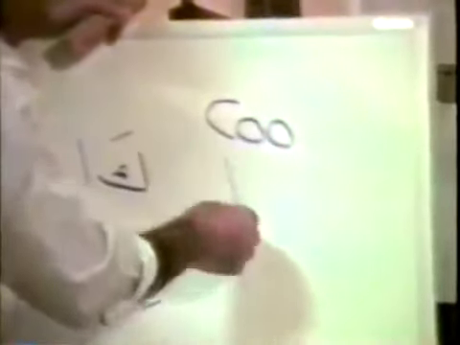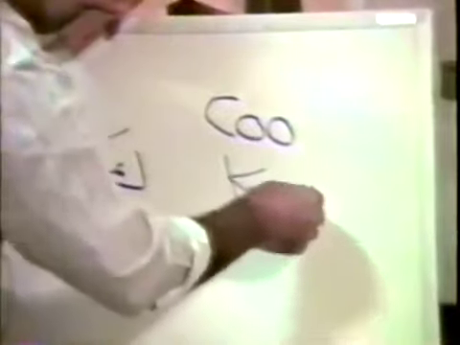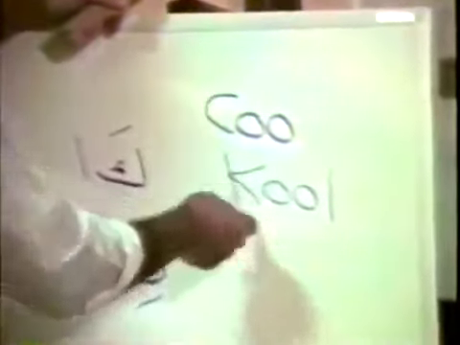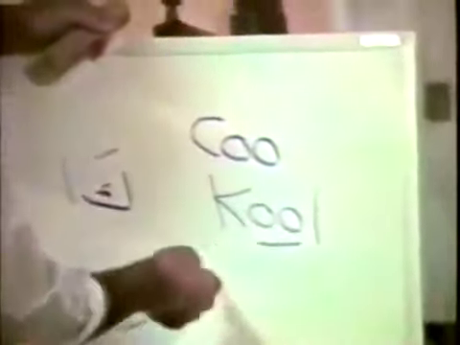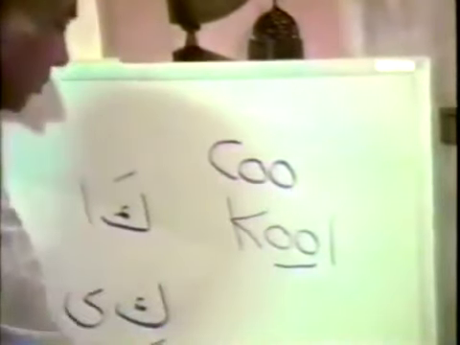How do you spell that? Oh, it's not long, huh? Cool. Okay, cool. This is a short coup, and this is a long cool. This is an English word, huh? Well, live and learn. So here is the coup. The short one will just have a comma on top of it. To make it long, as in cool, you simply add the letter waw after it.